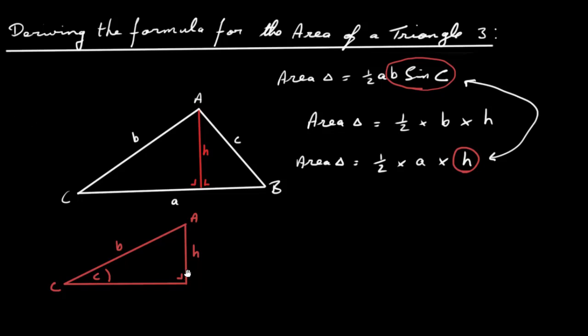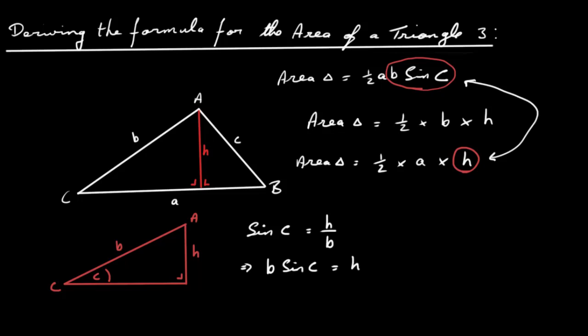Let's just work out what h would be here. Now if we take the sine of our angle C, it's just going to be h over b. It's going to be opposite over hypotenuse. So just multiplying across by b, we get b sine C is equal to h. All I did was multiply across here by b.